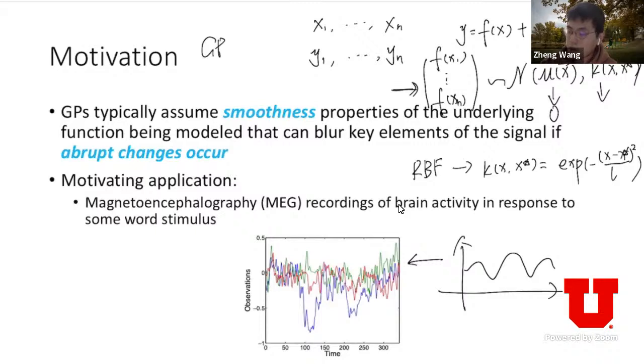We can simply put it like this: the covariance function k(x1, x2).